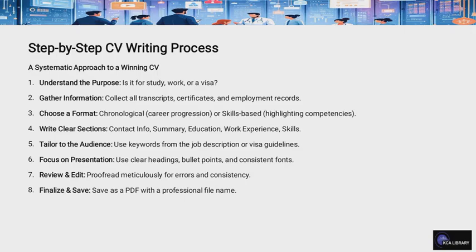Also, write clear sections: contact information, summary, education, work sections, skills, and the like. The next is to tailor to the audience, using keywords from the job description or visa guidelines.